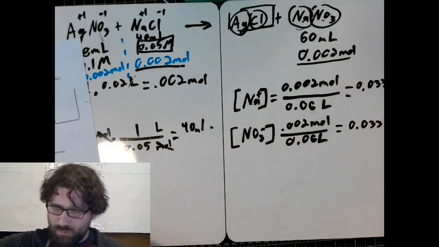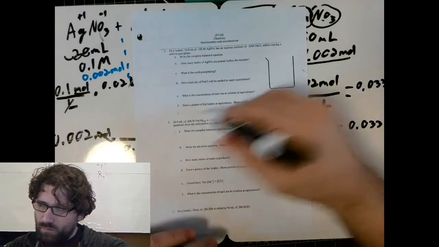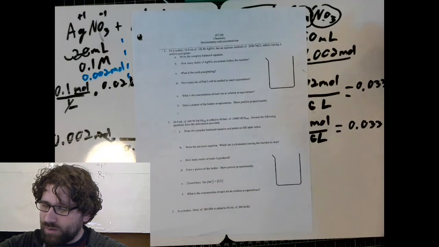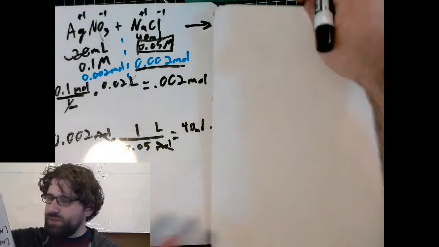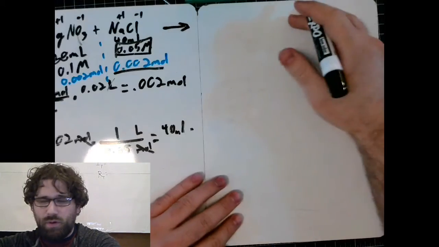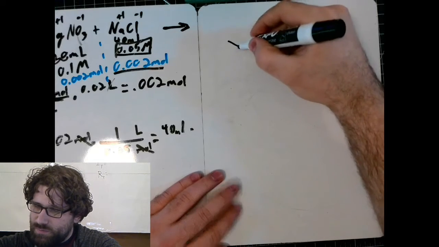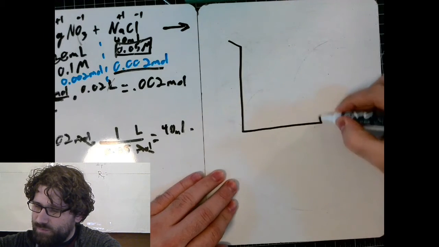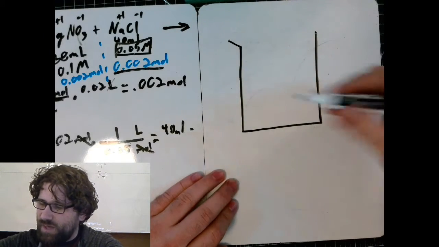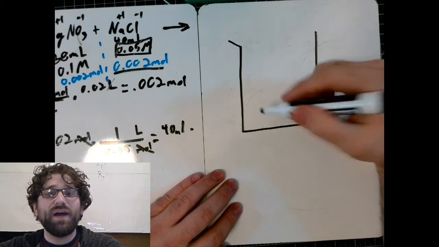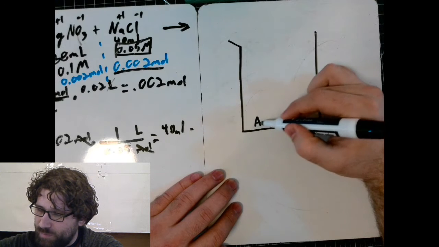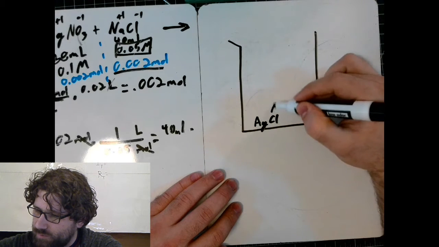Finally, draw a picture of the beaker at equivalence. So if I wanted to draw a picture of this beaker, what I would do is just make a picture of a beaker right off the bat. I'm going to make a nice fat beaker so I can actually fit my drawings in it. All of my silver chloride sank to the bottom and became a solid.